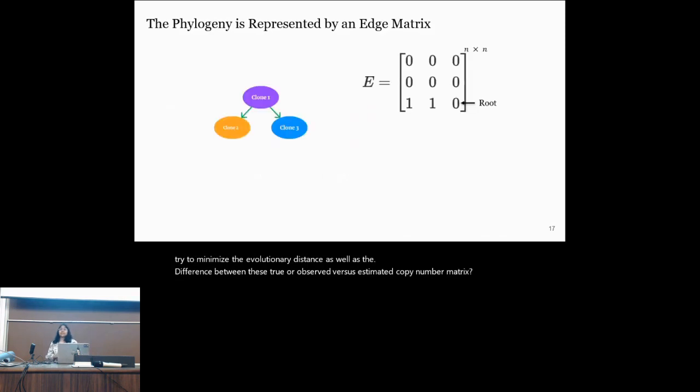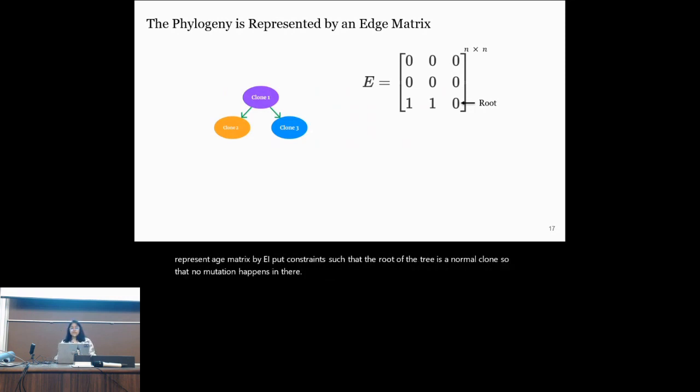Now, as I said before, I'm using the integer linear program. Integer linear program has some constraints, some variables, and an objective function. So I put constraints on an edge matrix, represented by E, to build the tumor phylogeny, or tumor evolutionary history. I put constraints such that the root of the tree is a normal clone so that no mutation happens in there.